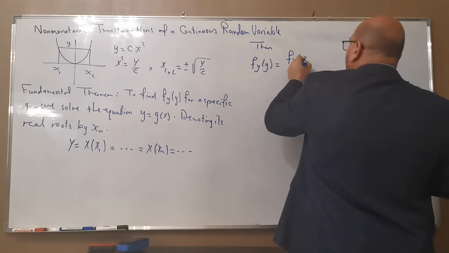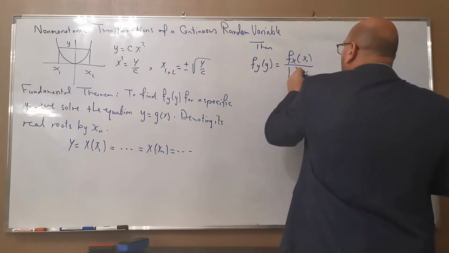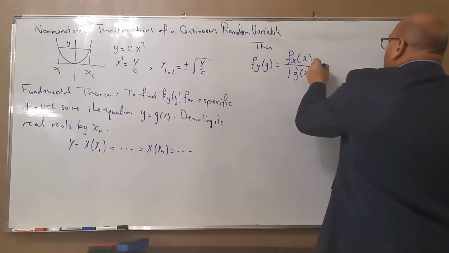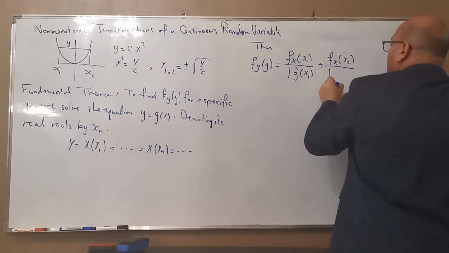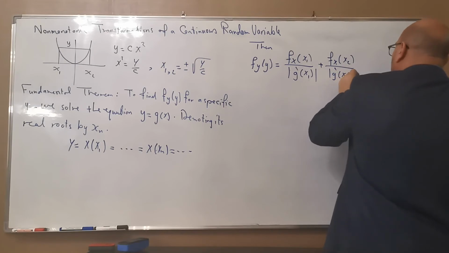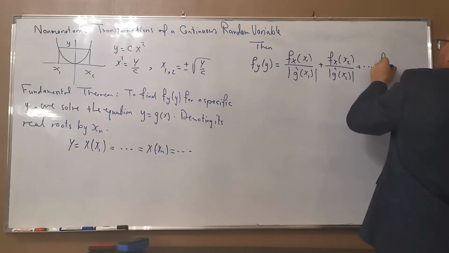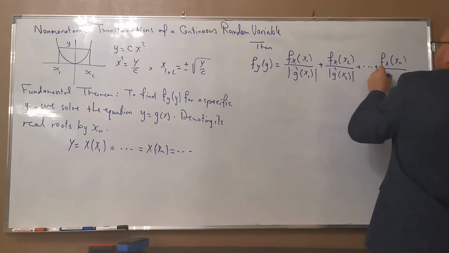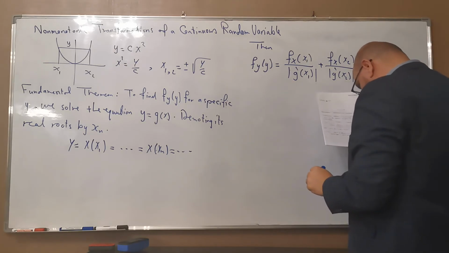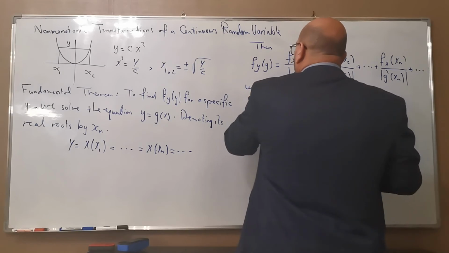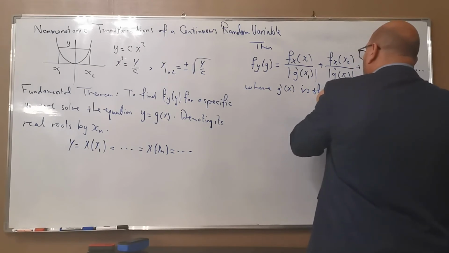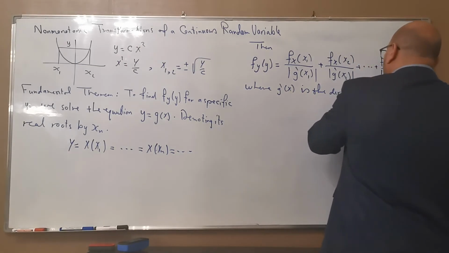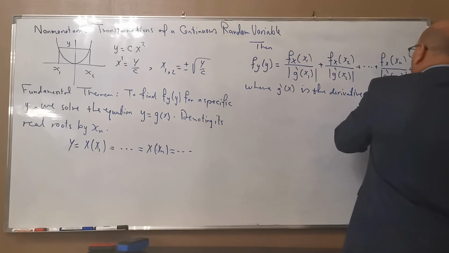It's equal to fx of x1 over the magnitude of g prime of x1 plus fx of x2 over the magnitude of g prime of x2 plus fx of x sub n over the magnitude of g prime of x sub n, etc., where g prime of x is the derivative of g of x.